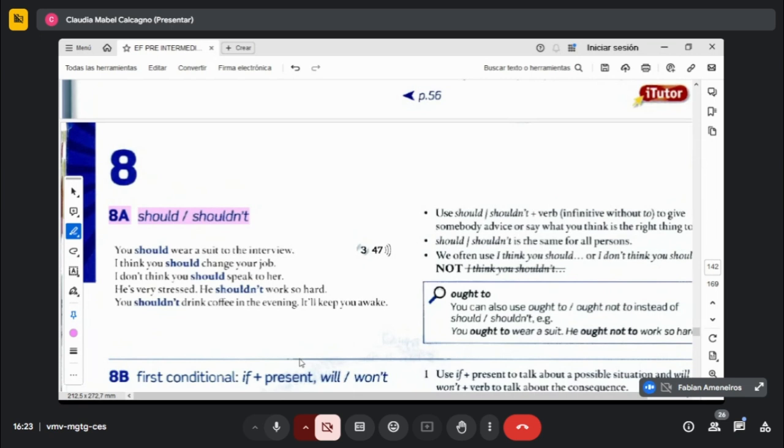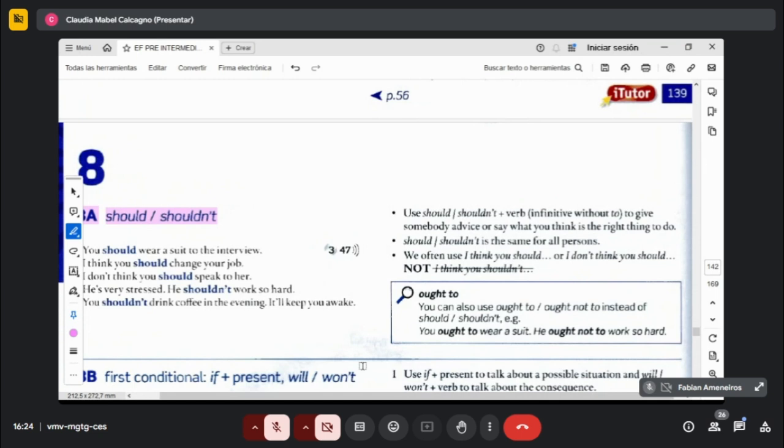It is. Okay, good. And Elizabeth, would you read the theory? Use should, shouldn't plus verb infinitive without to give somebody advice, to say what you think is the right thing to do. Should, shouldn't is the same for all persons.